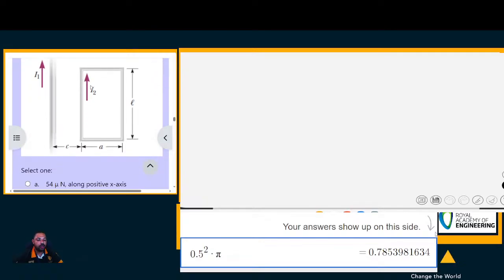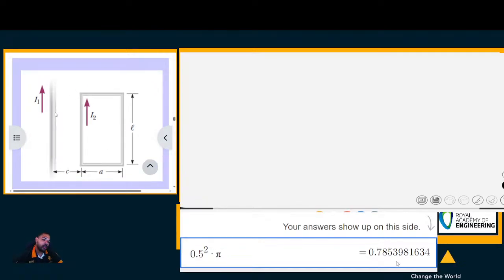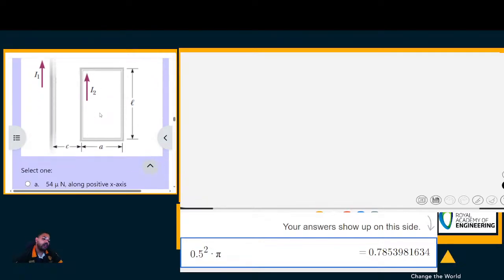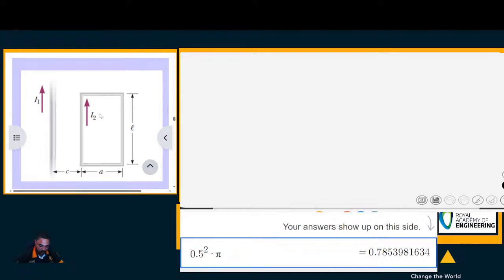Okay, so this wire is going to create a magnetic field around it. And what will be the direction of that net magnetic force? Now, to the right of that long straight wire, this one I1, carrying current 1, it's going to create a magnetic field that's going to be circular around the page.